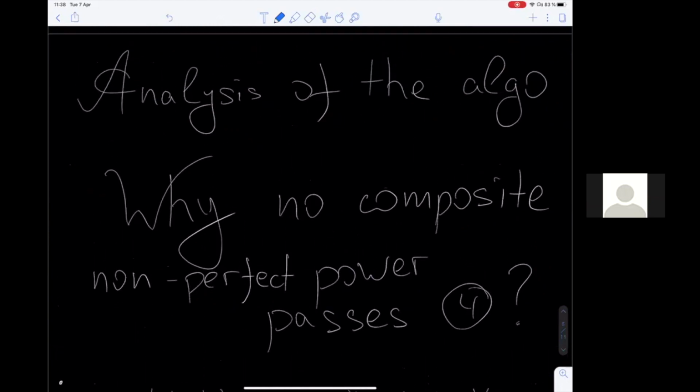Why the composite non-perfect powers cannot pass step 4.